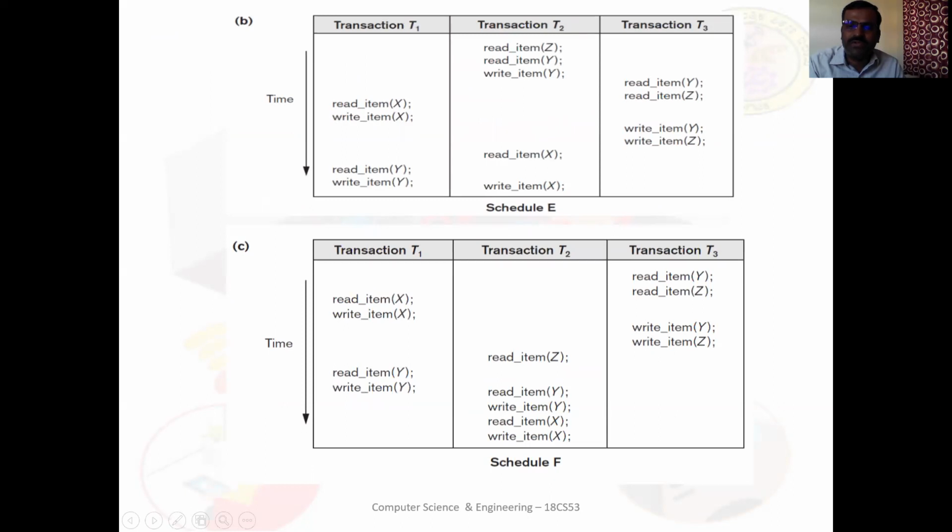Starting from T3, reading data item Y, reading data item Z. T1, reading data item X, writing data item X. These are different data items: Y and Z, and this is X. Then T3 writes data item Y, data item Z. T2 reads data item Z from transaction T3.